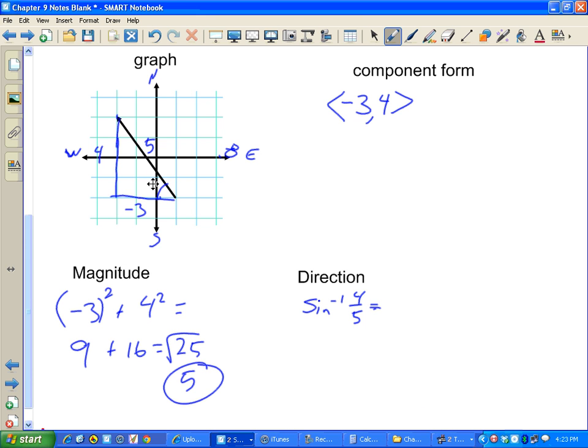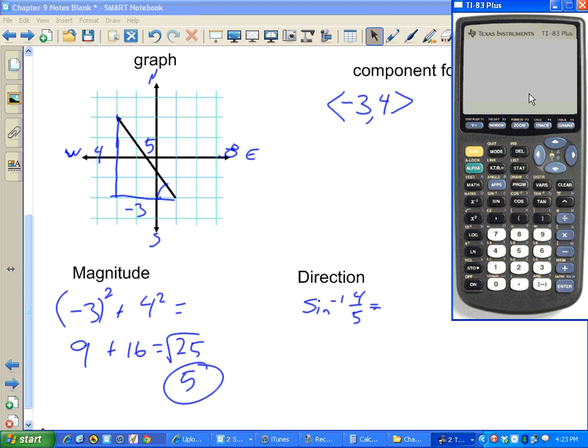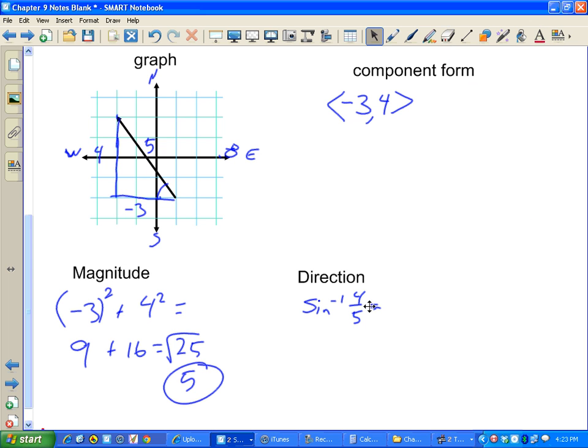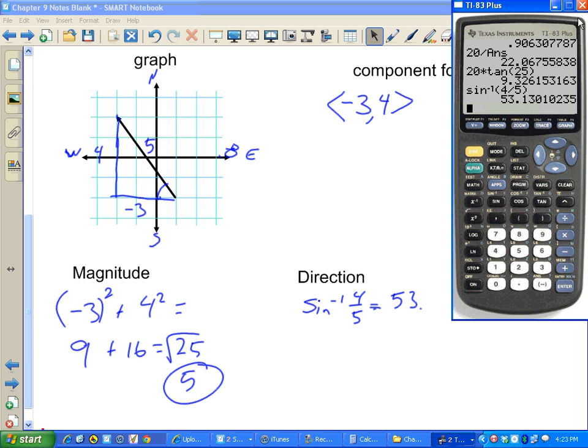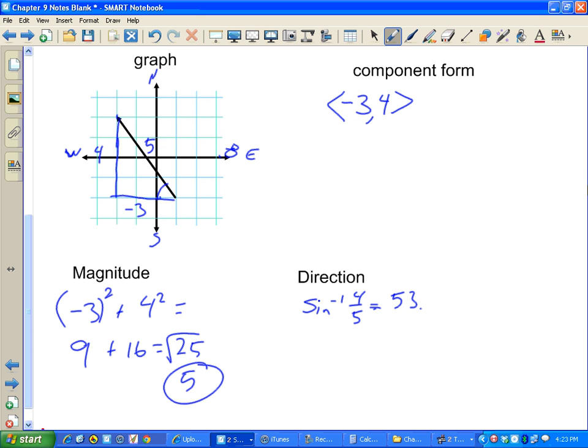So we're going to get an angle, and then I'm going to have you tell me which quadrant it's in also. So we will do the sine inverse of 4/5. So 53 degrees. So our direction is 53.13.